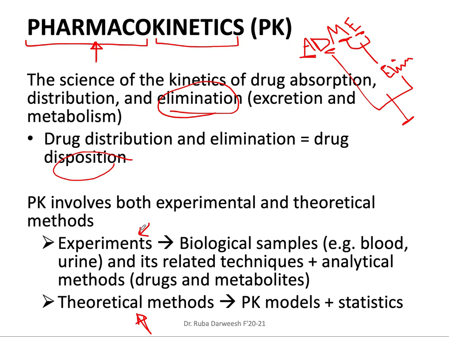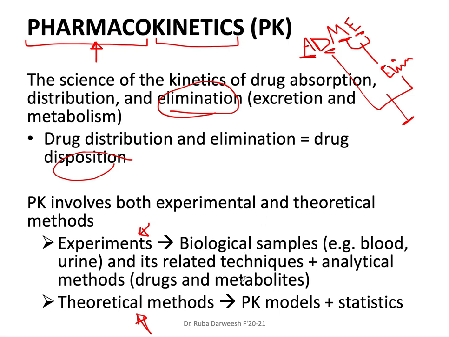When we are talking about the experimental part, we are talking about sampling, whatever samples you need to take, the techniques to take those samples, and the analytical methods to analyze those samples for the drug and its metabolite, if you are interested in the metabolite. In addition, we have the theoretical models or theoretical methods.